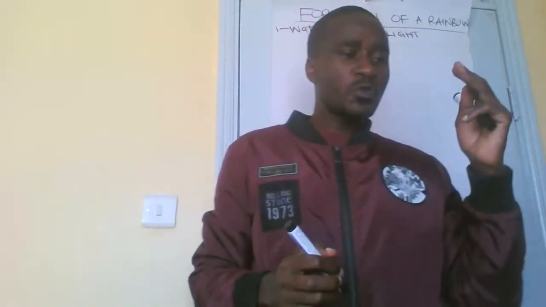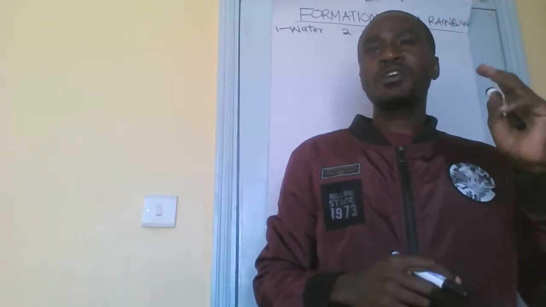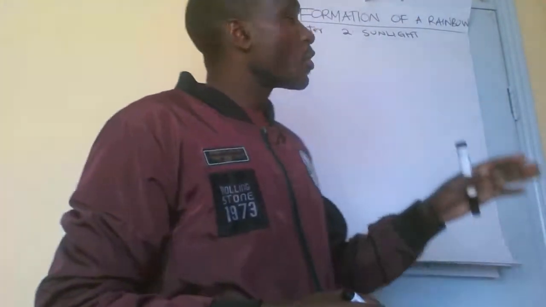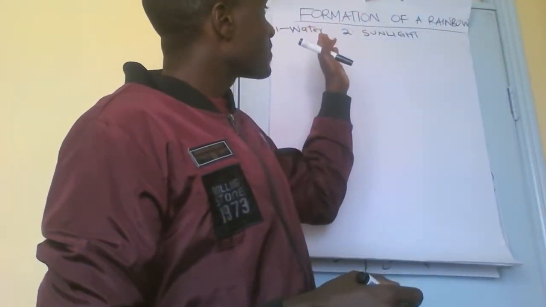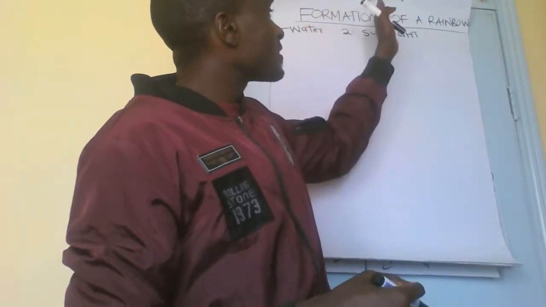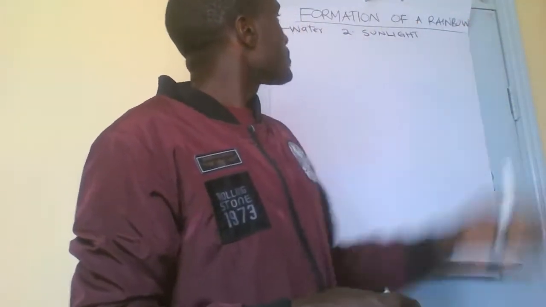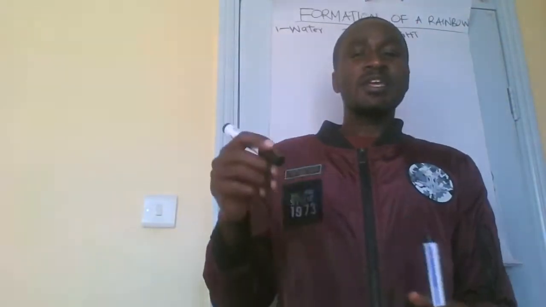Those are two things which must be there for a rainbow to be formed. So first we said refraction is the bending of light, and we're going to find out how that refraction also brings a rainbow. So what is a rainbow?